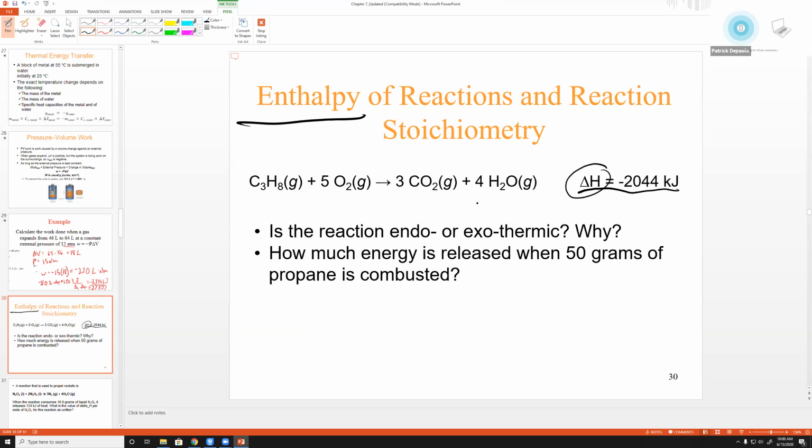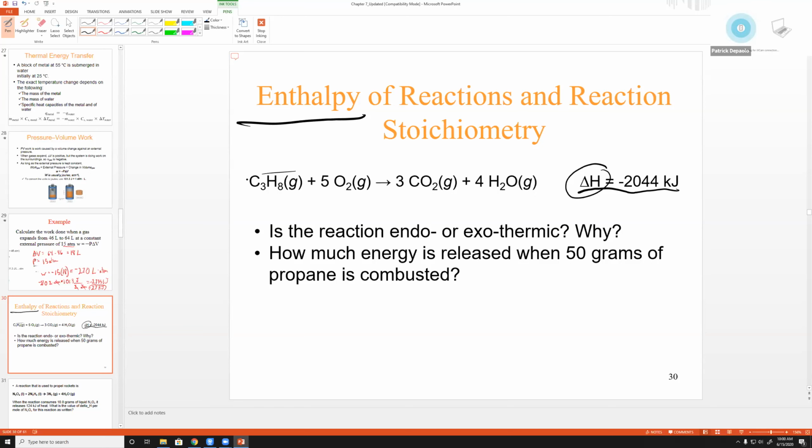Okay, so now here's a question that I'm going to give you to do on your own for a minute or two. This combustion reaction of propane releases, because it's exothermic, 2044 kilojoules. How much energy is released when 50 grams of propane is combusted?